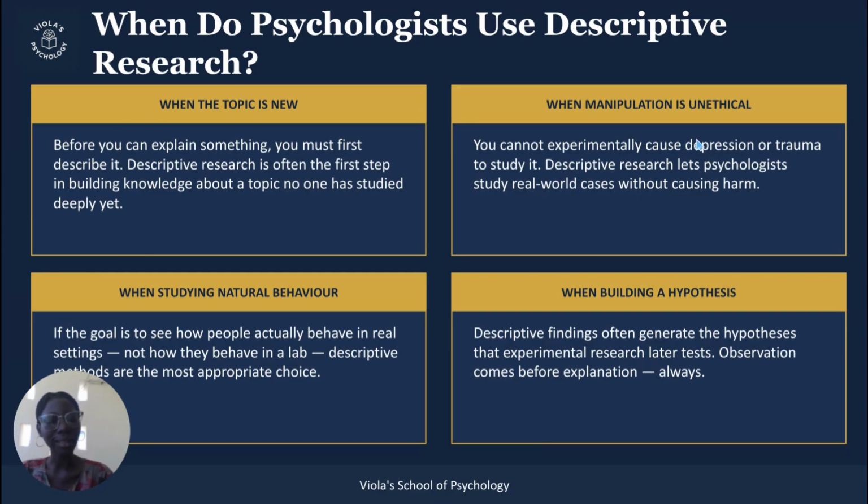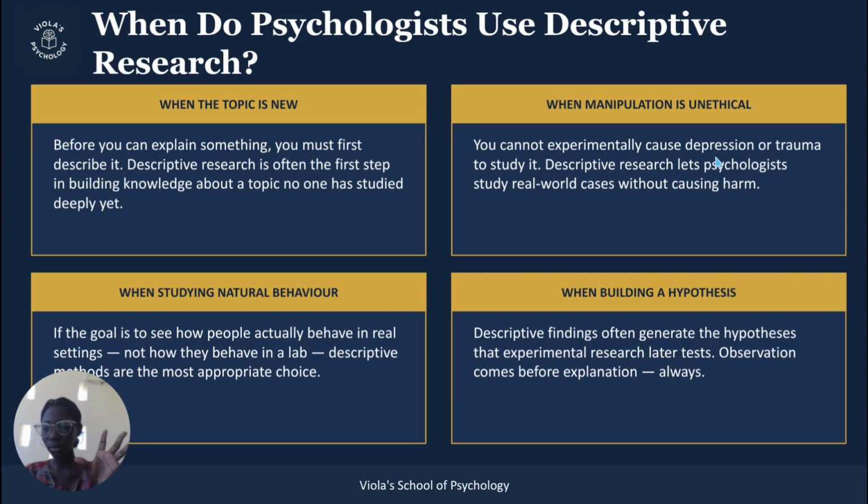Okay, another time to use descriptive research is when manipulation is unethical. Okay, so you cannot cause depression in participants to study it. All right, so descriptive methods let psychologists study real conditions without engineering them. So you've seen the main methods of descriptive research that I mentioned in the previous slide.